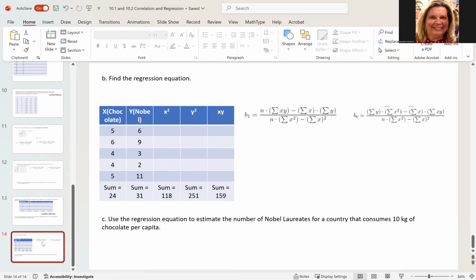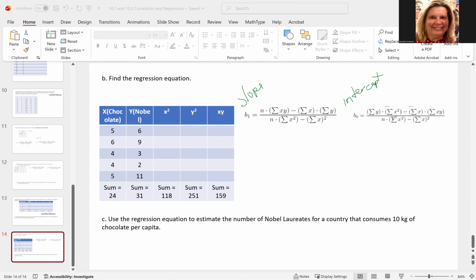Now we're going to find the equation of the line. So here's my table again. All right, I want to find B1 and B sub 0. Remember, B1 is my slope. B0 is the intercept.